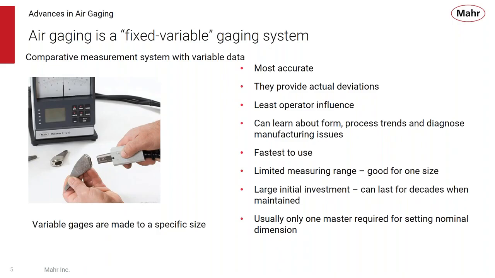And because Mahr builds the accuracy into the air tooling system, it's a single master system which requires only one setting master for its initial zeroing. So again, variable gauges are made to a specific size.